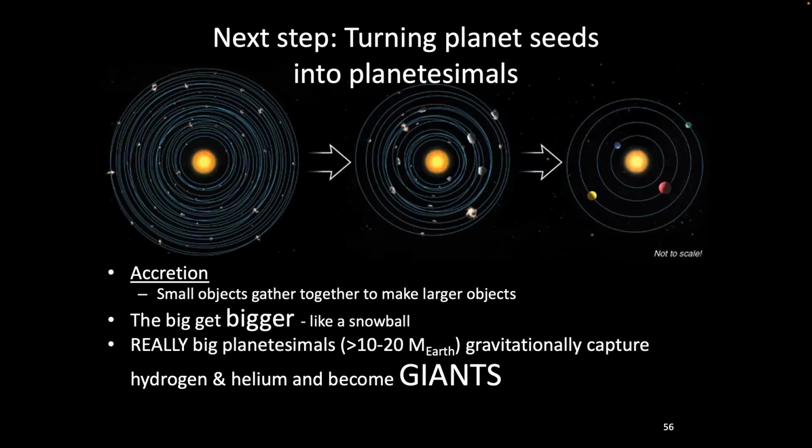In this analogy, hydrogen and helium starts to be siphoned off. It doesn't have to condense anymore, it just grabs it from space itself. So you have all this gas and dust, and where you normally had to clump up and stick at the beginning, now if you get really big, you just draw it in.